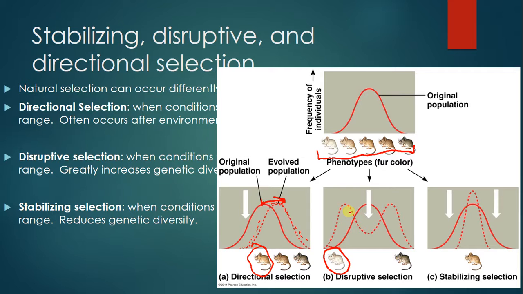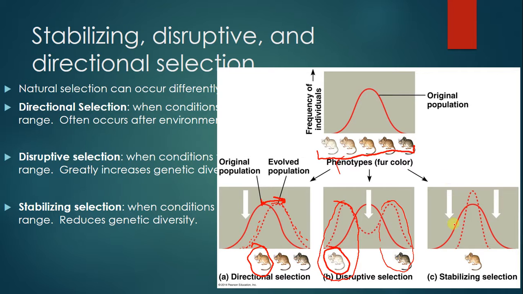As a whole, looking at the whole population on and off the lava flow, disruptive selection occurred. The dark phenotype was favored in those portions of the environment on the lava flow that had a darker background, and lighter phenotypes were favored on the desert floor. But in between, mice were easy to spot on the lava flow or off, not favored in either environmental condition, and so diminished. That would be an example of disruptive selection.